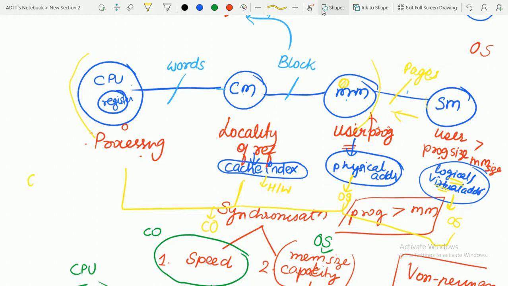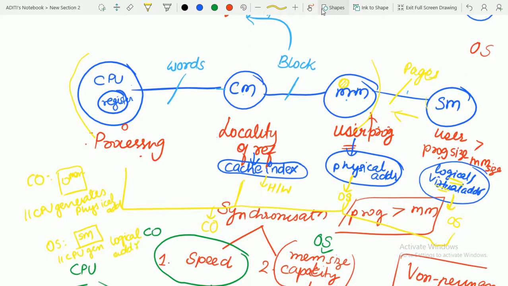So from the CO point of view we take the data in the main memory itself, and the CPU generates the physical address, while from the OS point of view we consider the data in the secondary memory, and the CPU generates the logical address.